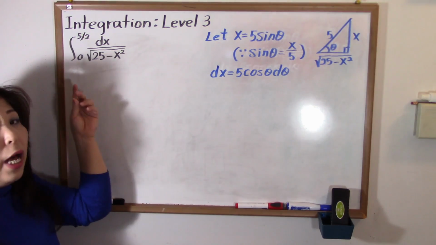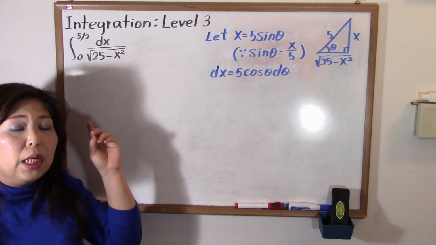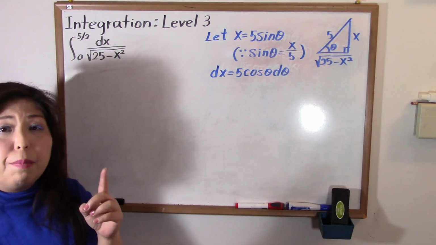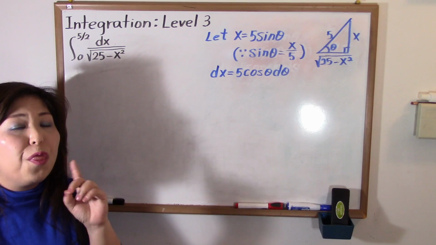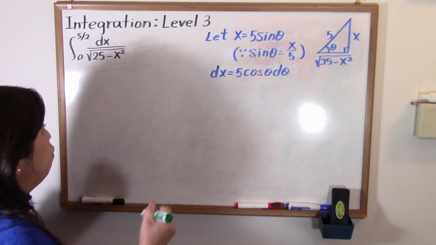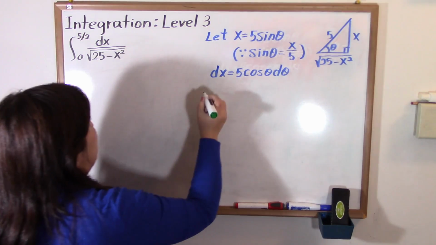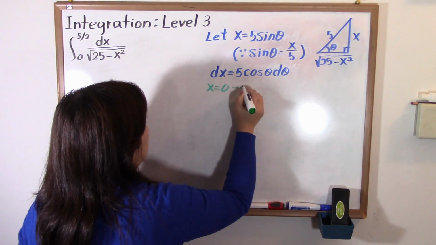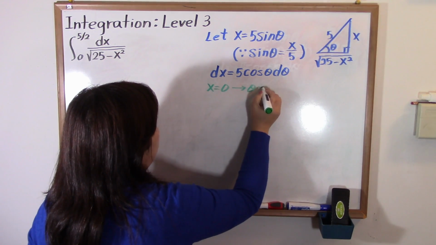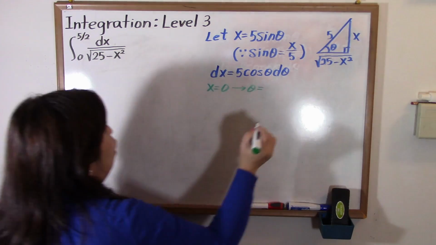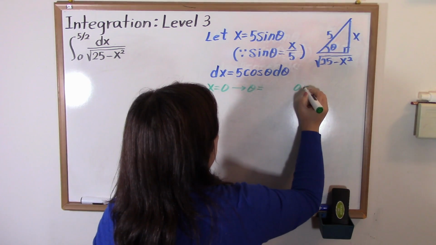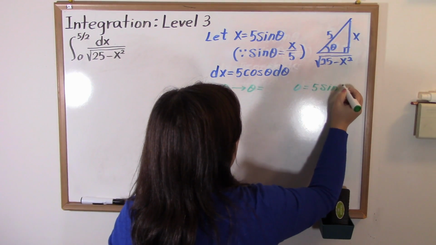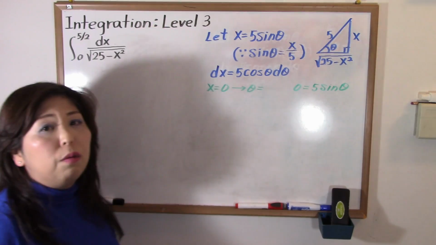So that is why the boundary is going to be different. The boundary is going to be with respect to theta. So first of all, lower limit: when x is equal to 0, what is theta? We have to find theta. So 0 is equal to 5 sine theta, right?